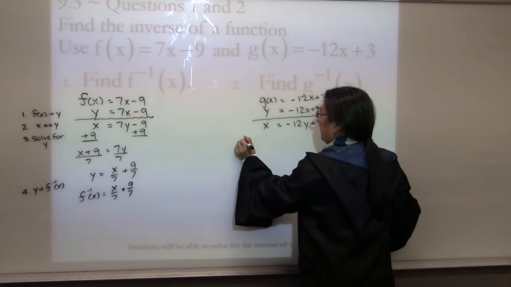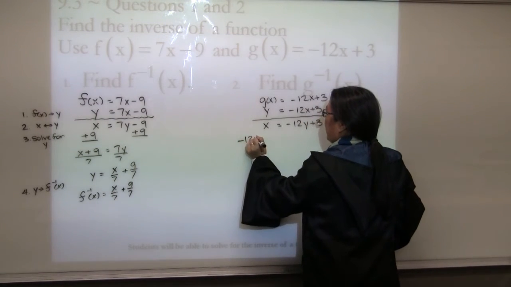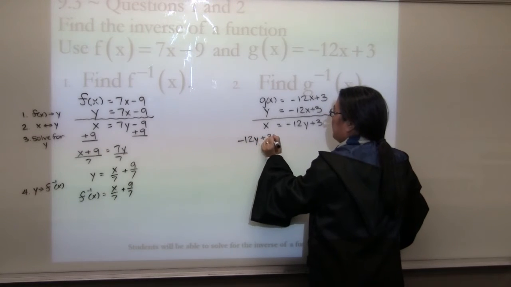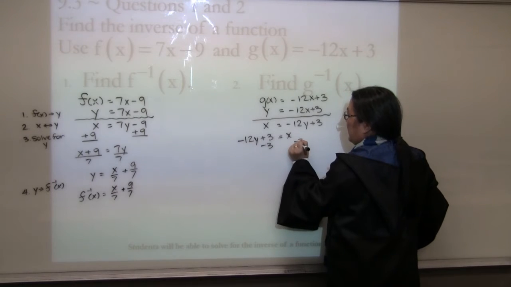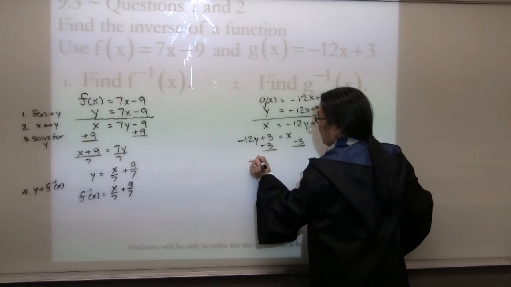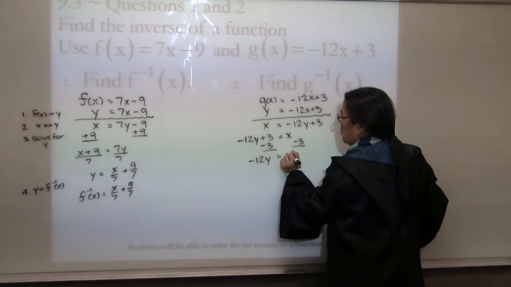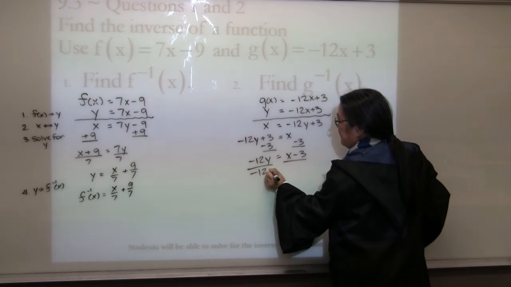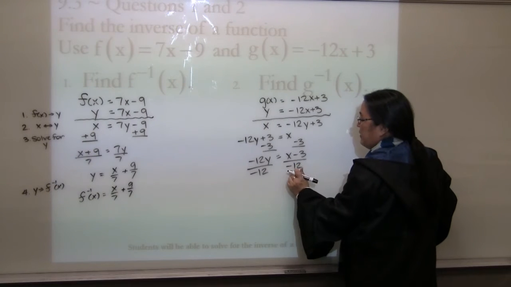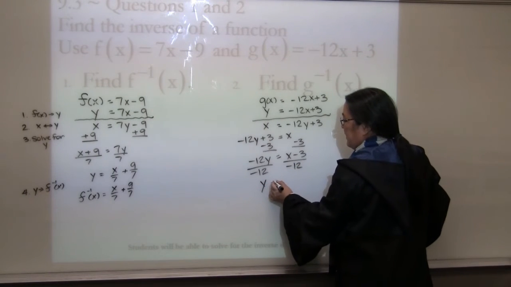If you want to have your y on the left-hand side, now would be a wonderful time to swap the sides. And then you're solving for y, showing all this wonderful work. And see, we don't usually like having that negative in the denominator.